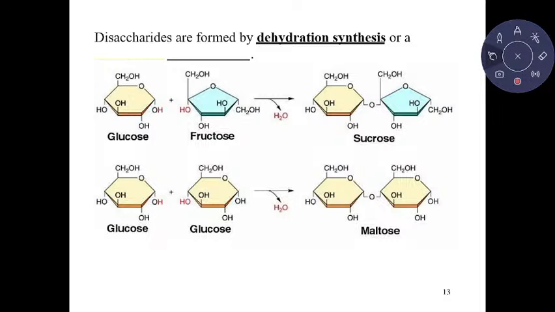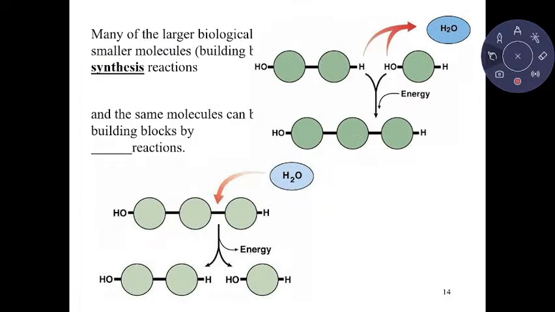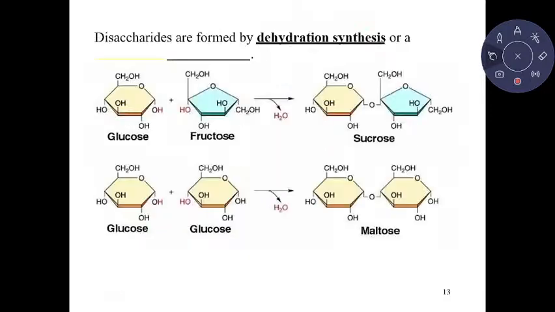Actually, these disaccharides are formed by combining two subunits of monosaccharides by the condensation process, like dehydration synthesis. Through dehydration synthesis, they form the disaccharides. Many large biological molecules are built from small units by dehydration synthesis.